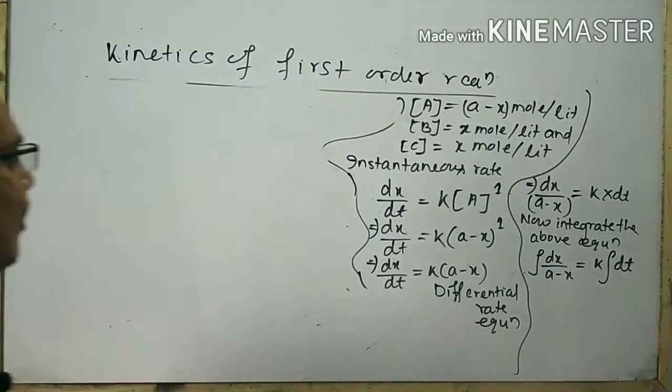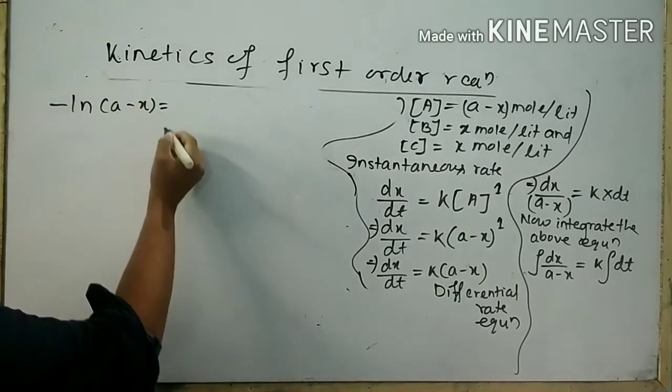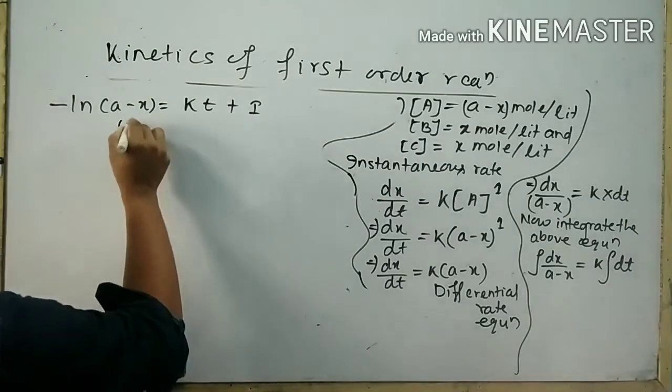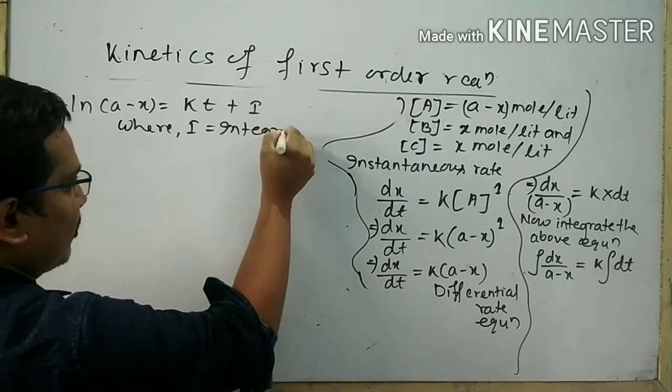After integration, I can write minus ln (a minus x) equals kt plus I, where I is called the integration constant.